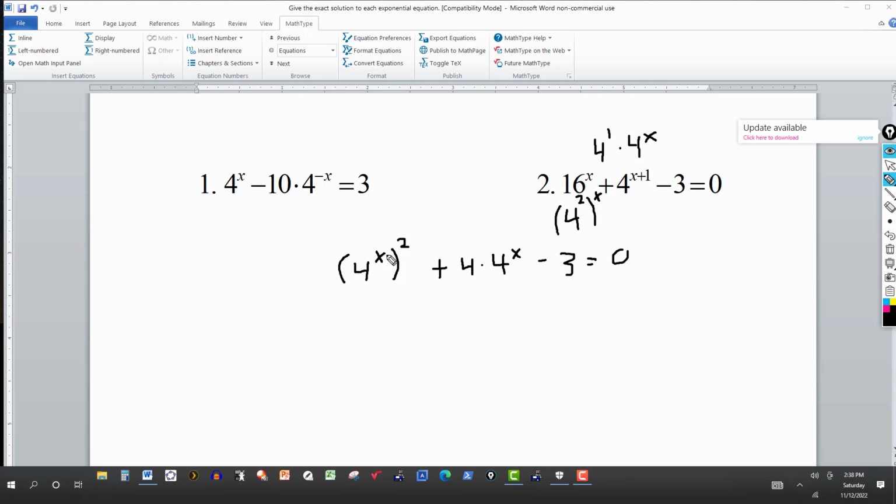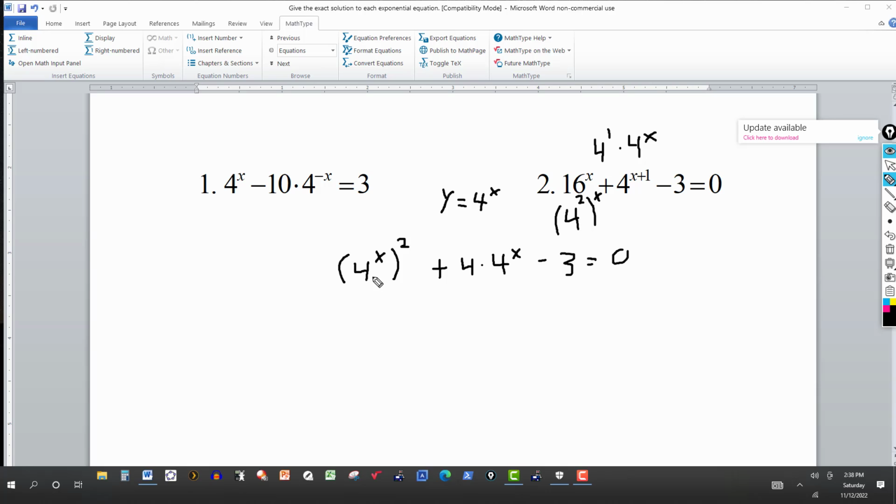If I replace the 4 to the x by y again, let y equal 4 to the x, then in the first parentheses that would be y squared, plus 4, replace the 4 to the x by y.